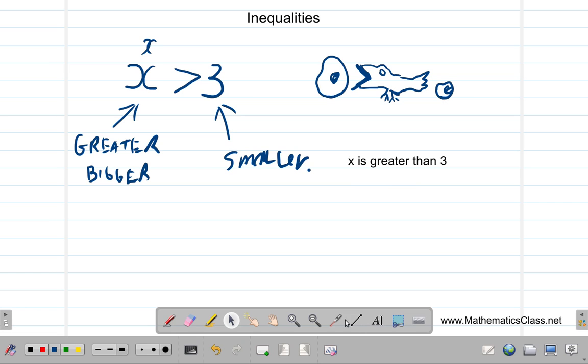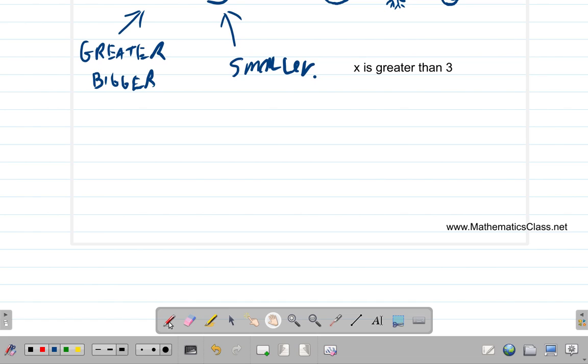Now, here, I could say too that I want to write x is less than 3. Suppose I write that. How I write it is this: x is less than 3.